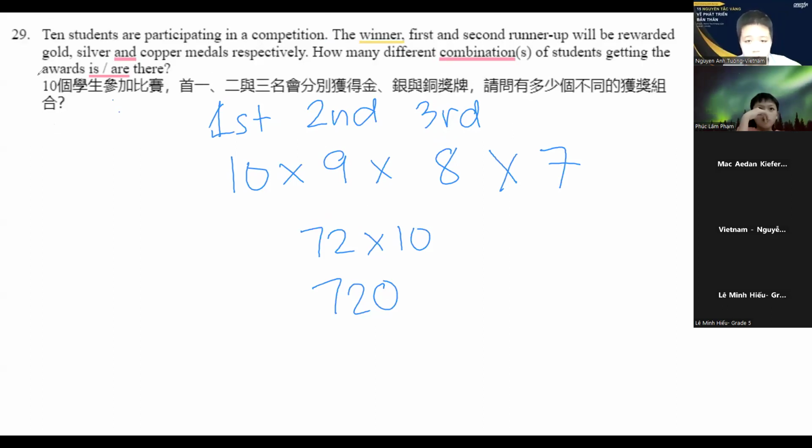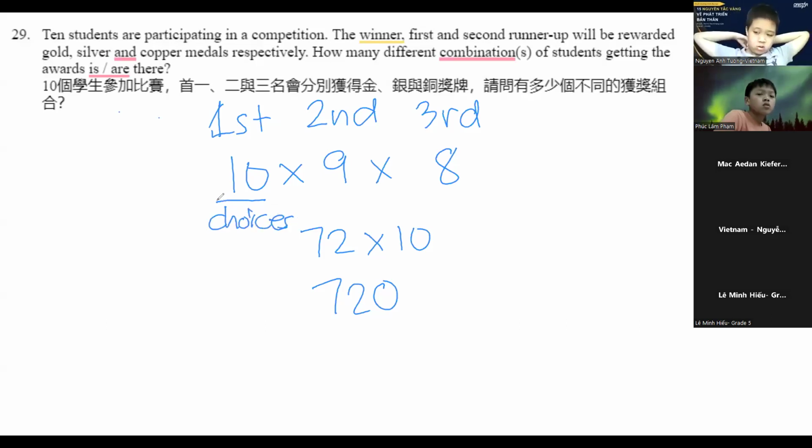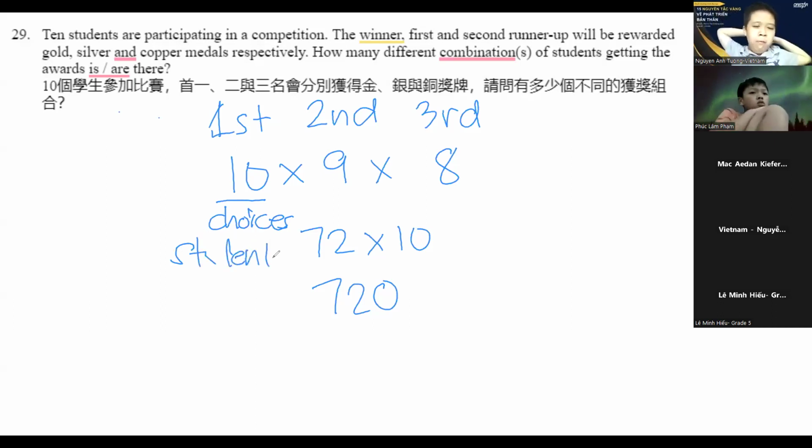So I have a question. What's your question? Why have 9 students and 8 students? Okay, very good. Thank you for that question. It's because, diba, the people cannot repeat. So if, for example, in first place we have 10 choices, and first place went to student A, then student A can no longer be a possible option for second place.